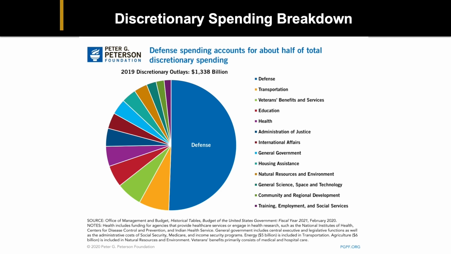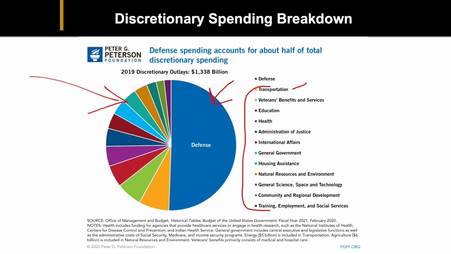Here's the discretionary spending breakdown. You'll see half of all discretionary spending is defense spending, and the other half, generally referred to as non-defense spending, is a collection of all those things that you think about when you think about government spending.